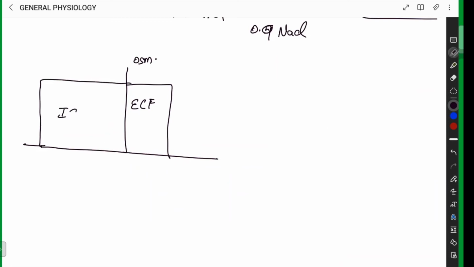Any doubt up to this? This is going to be the volume of your ICF. This is going to be the volume of your ECF. Now, in isotonic dehydration, number 1, what happens? The volume of your ECF is going to decrease, but the osmolarity is going to remain constant. That is called isotonic dehydration.